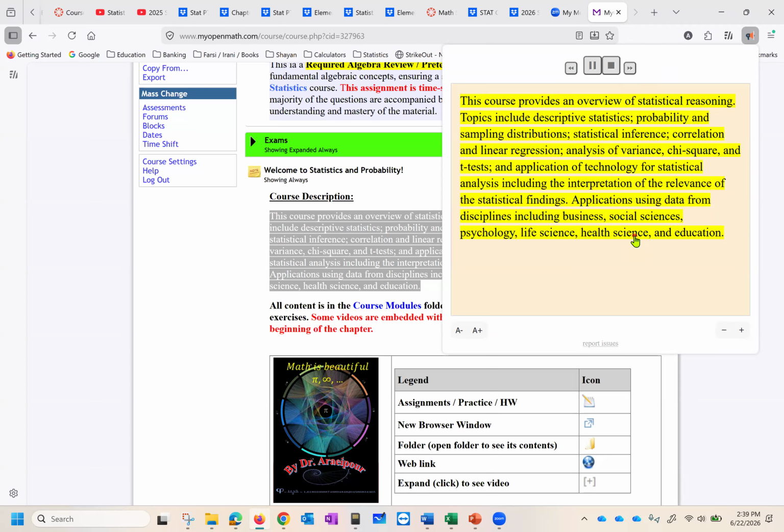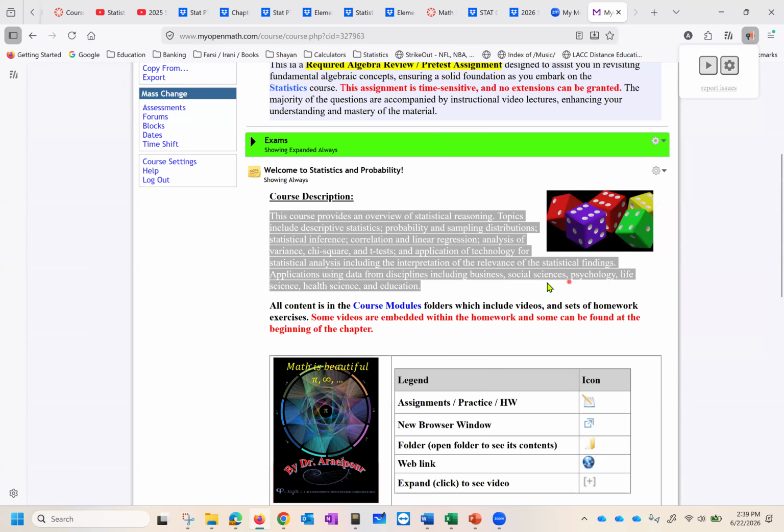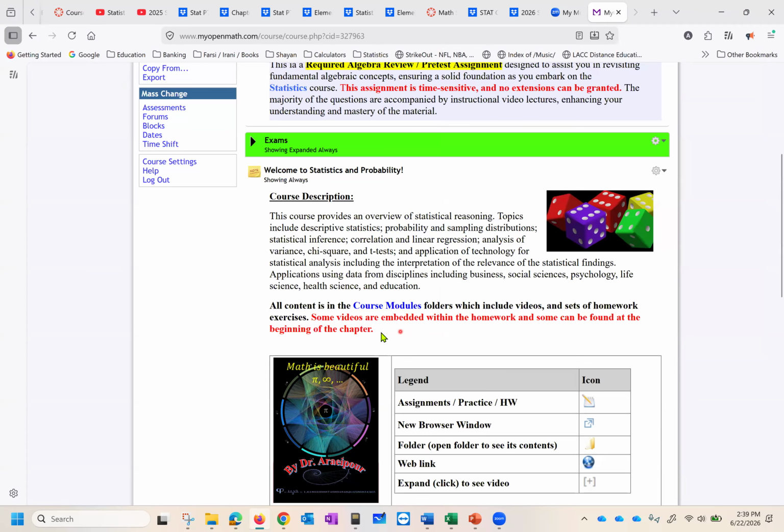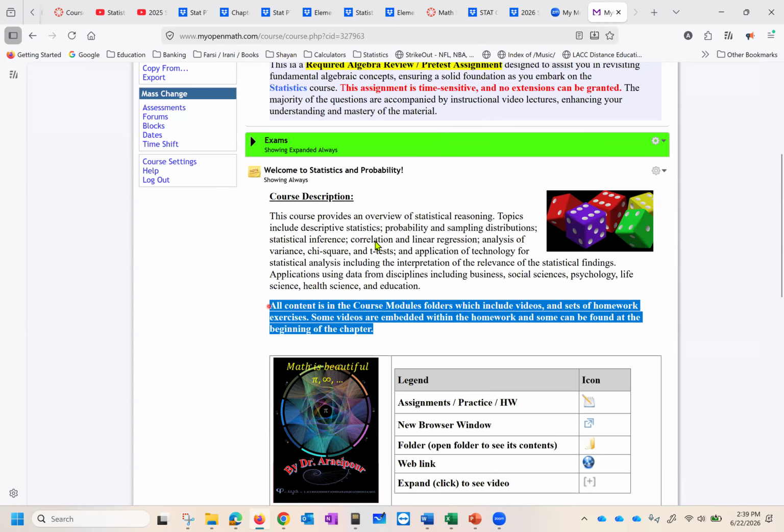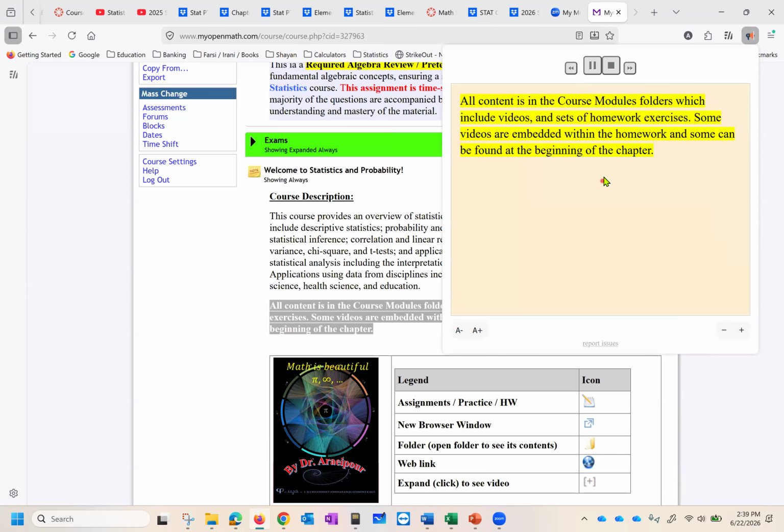Applications use data from disciplines including business, social sciences, psychology, life science, health science, and education. All content is in the course modules folders, which include videos and sets of homework exercises. Some videos are embedded within the homework and some can be found at the beginning of the chapter.